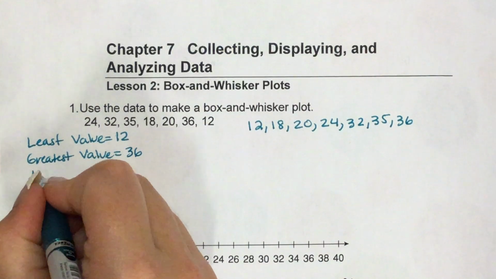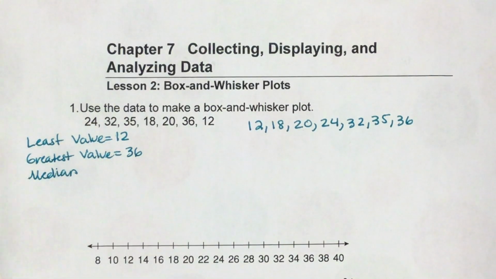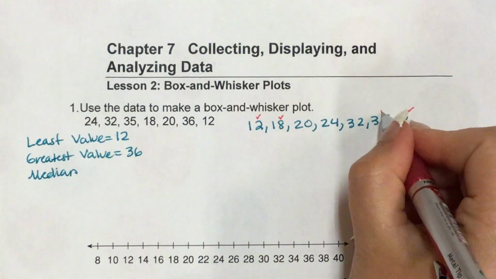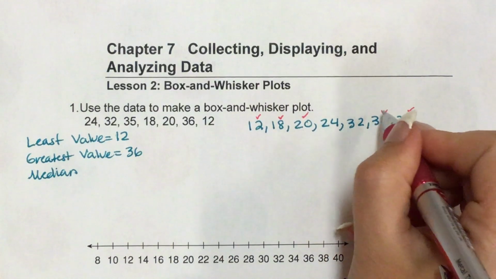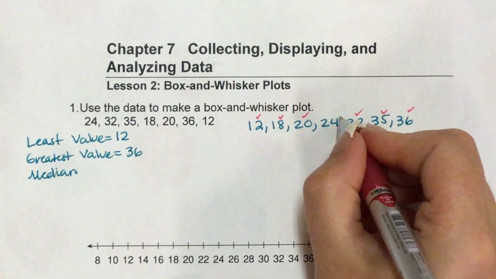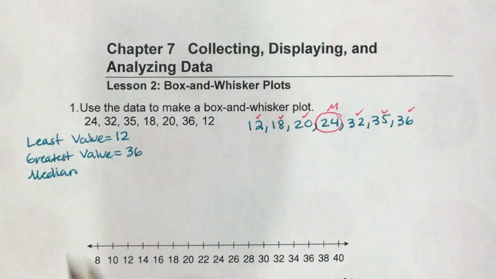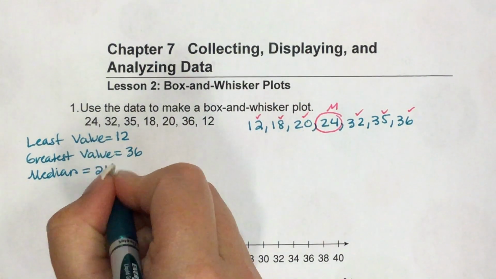I'm going to go ahead and determine my median, which is the number in the middle. So to do that, I'm going to take one from this side, one from this side, one from this side, one from this side, one from this side, one from this side, and there we have it. There's my median. Perfect. So my median is 24.